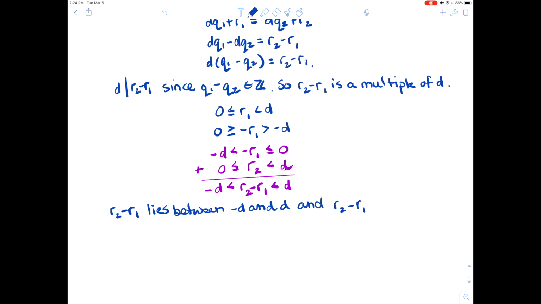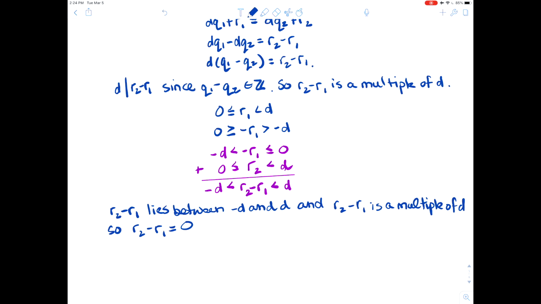What did we say about that? We said that it is a multiple of D, right? And so that would imply that R2 minus R1 would have to equal 0. Cool so far?